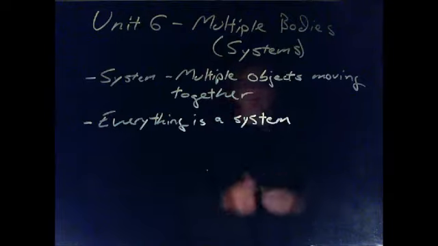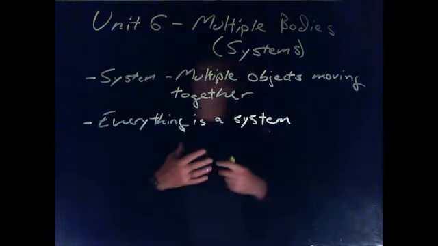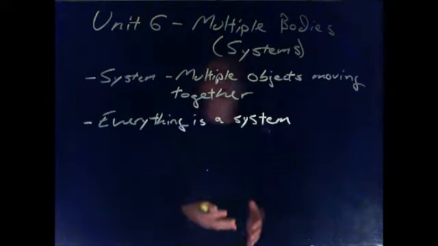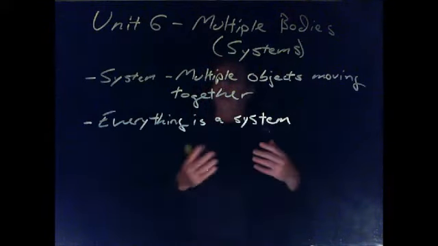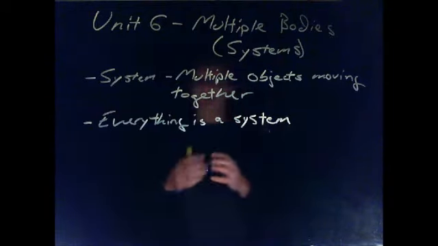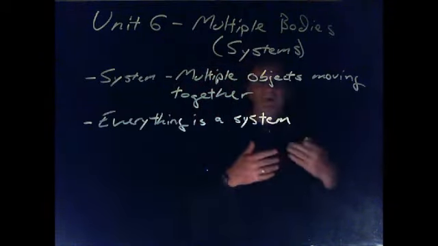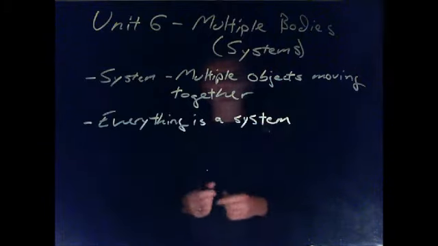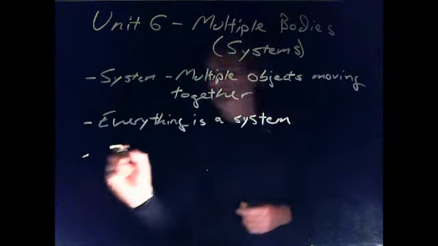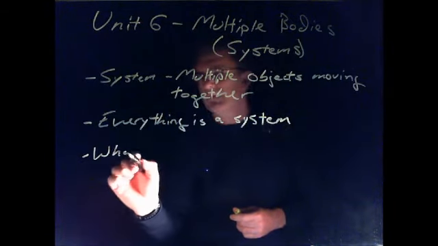And so that's one thing I try to reinforce, is that when we looked at, like in projectile motion, a ball, yeah, that's a single object, but that's also a system of many different objects tied together. And so I try to make this idea of a system a little bit less confusing. So a couple of questions that I want to pose.